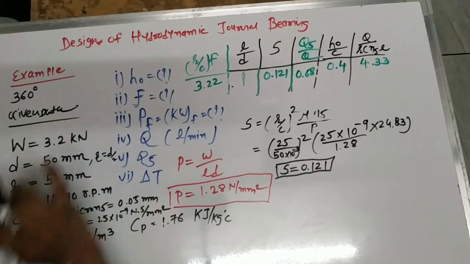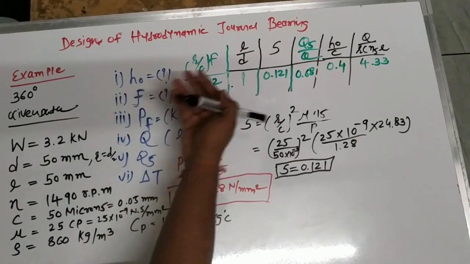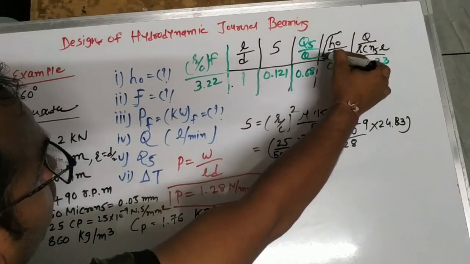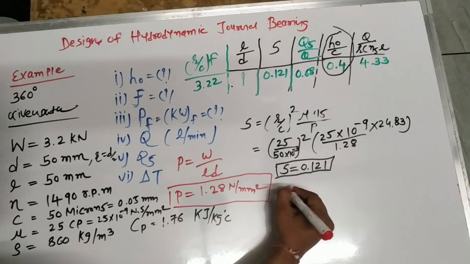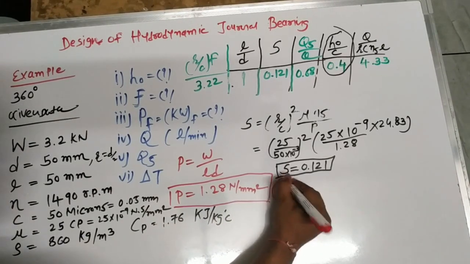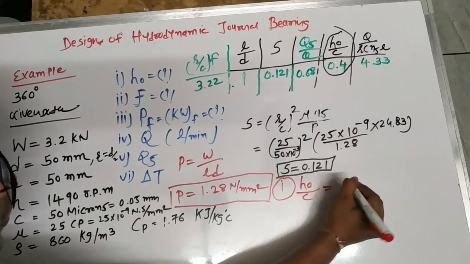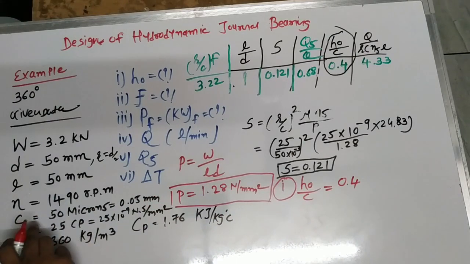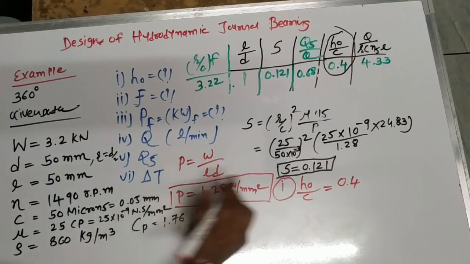So our first parameter is H0. Now how to find out H0? We have the H0 by C ratio, that is equal to 0.4. So first parameter, H0 by C, is equal to 0.4, right? C, I think, is there in the question itself. C equal to 0.05 mm.